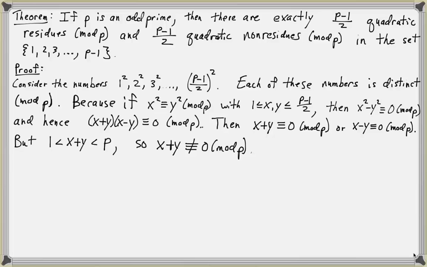So we can conclude that x minus y must be congruent to 0 mod p. Thus x is therefore congruent to y mod p. So this proves that each of these numbers that we started with is distinct mod p.